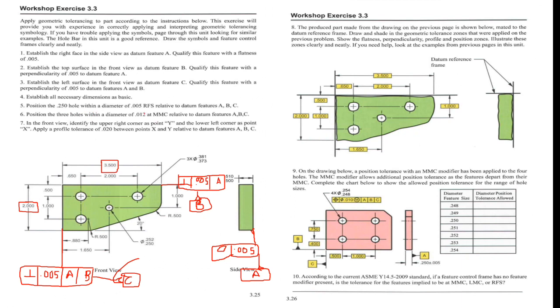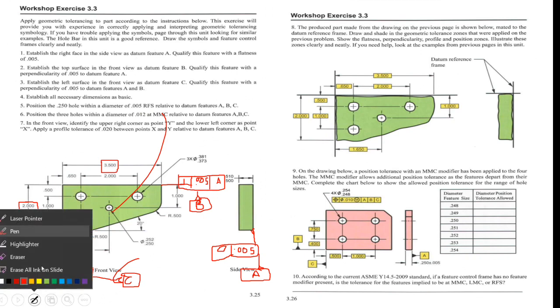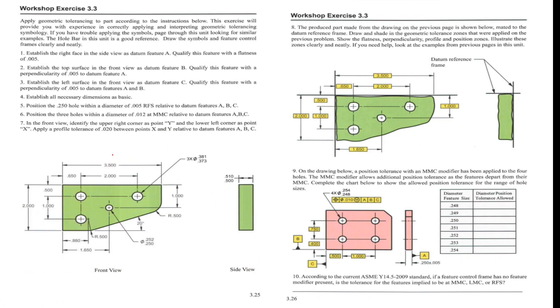Then position of the 0.25 hole with a diameter of 0.55. So this one, 0.25. Here is this 0.25 position of this hole.